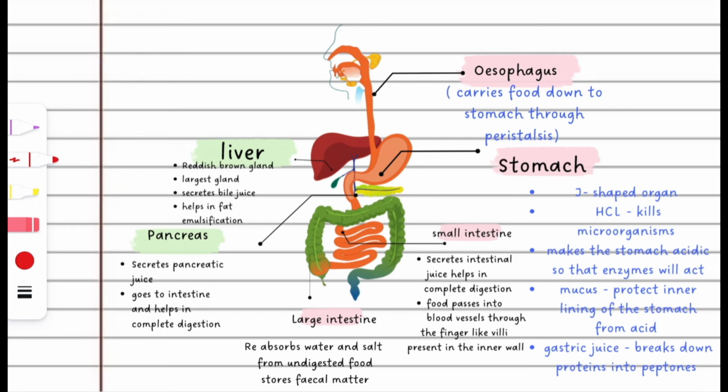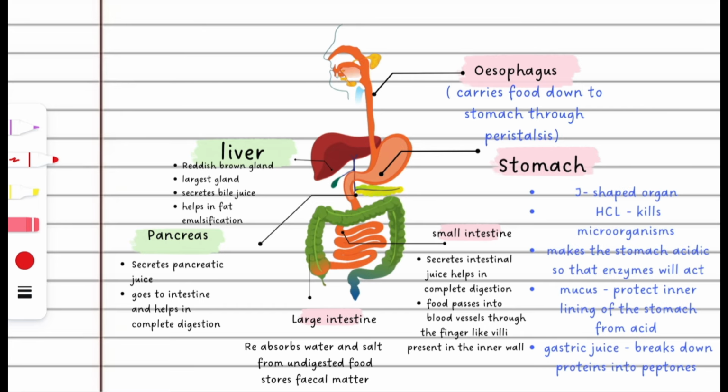So esophagus, stomach, small intestine, large intestine, all these parts of the alimentary canal have muscles in their inner lining, and they perform a rhythmic contraction and relaxation, by which the food gets transferred down towards the alimentary canal, right?